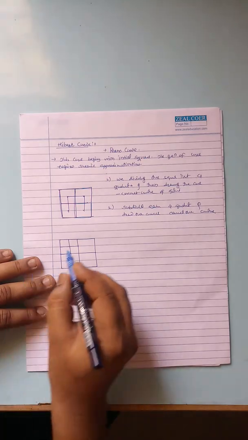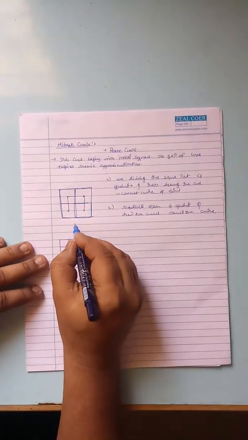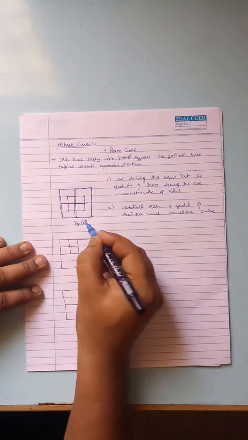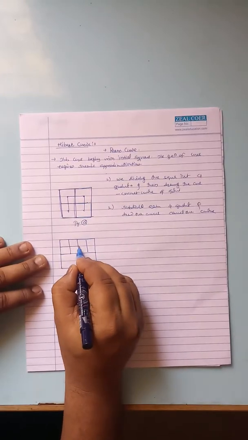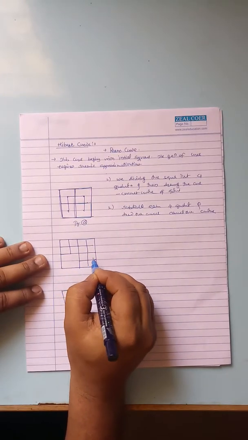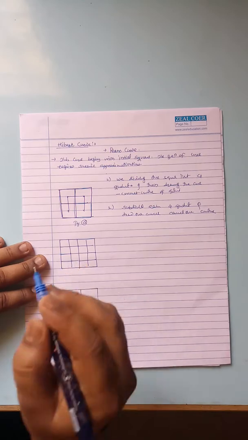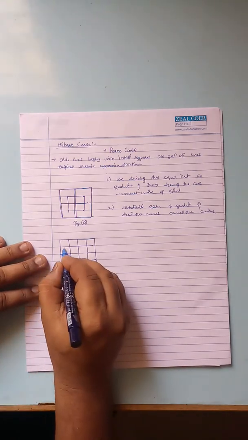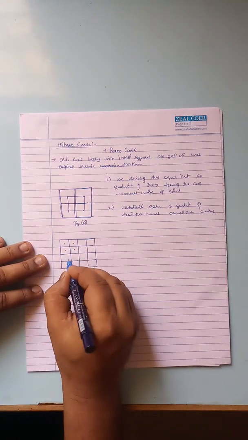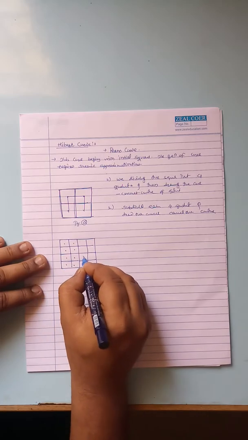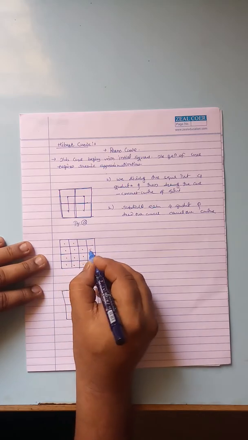In the same way here, we consider the first approximation, then the second, where we divide these four quadrants again into four different parts, and we connect the centers. So these are the different centers, right?